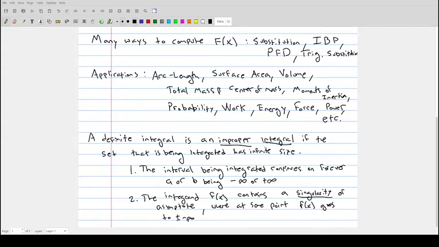So the value of the function being integrated blows up. Turns out that there are actually many examples where this scenario is realistic, but the accumulation under the function ends up being finite. Even though the function itself blows up and has a singularity or an asymptote, the integral of the function actually ends up converging.